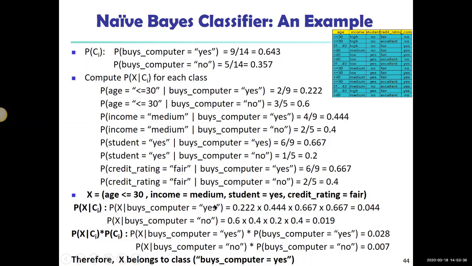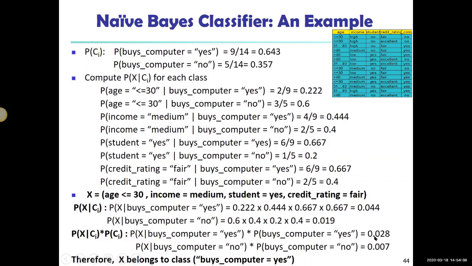So for yes, buying, and X, we take out this, another yes, take out that, another yes, take out this. And this gives us the probability that if somebody's buying the computer, what's the probability for us to observe this example or observation.